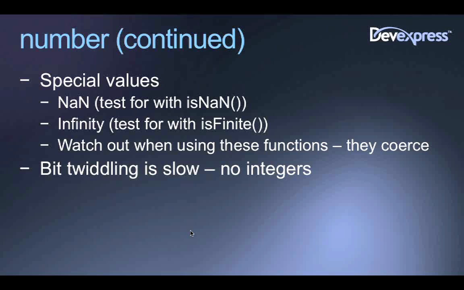So bit twiddling is much, much slower than in compiled languages like C#, where there are integer types. JavaScript does not have integer types, so if you want to divide by 2 and shift right by 1, it's actually going to be slower than just dividing by 2.